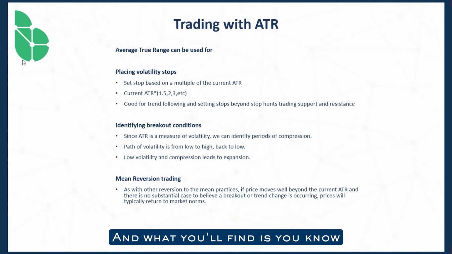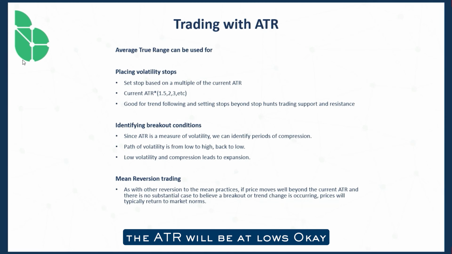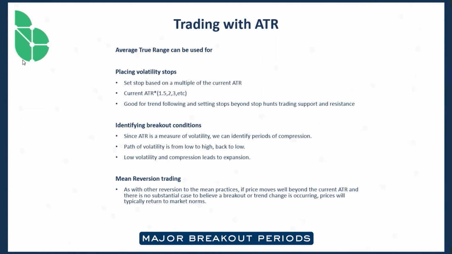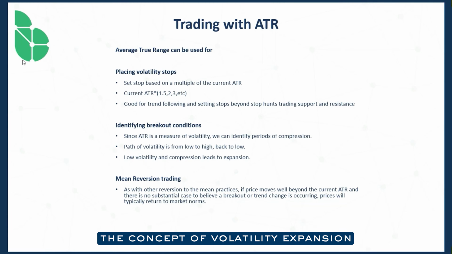And what you'll find is, right before major breakout periods, the ATR will be at lows. If you look at an asset's historical ATR, what you'll see is that likely before major breakout periods, the ATR was at or around previous historical lows. It's the same concept as volatility expansion. In markets, you go from periods of low volatility to high volatility and back to low volatility.